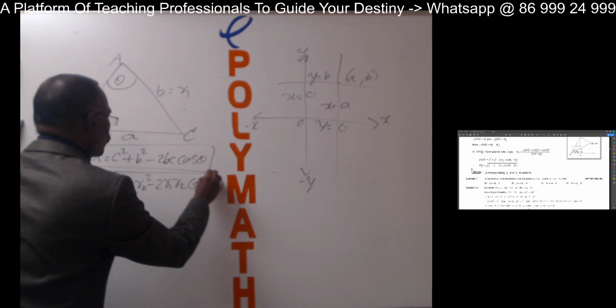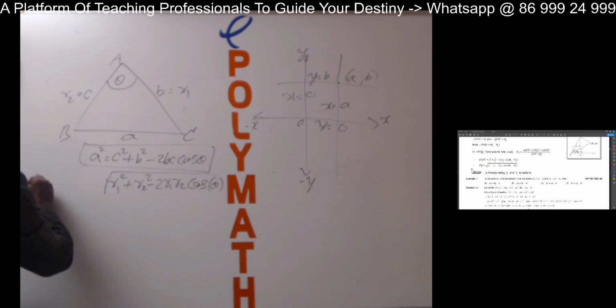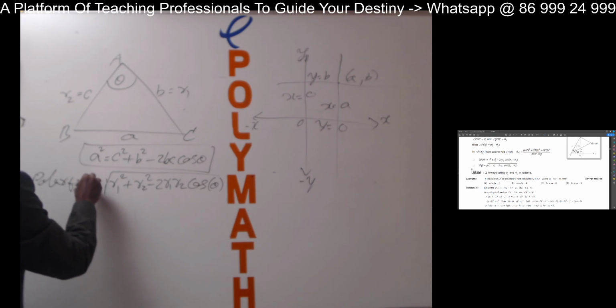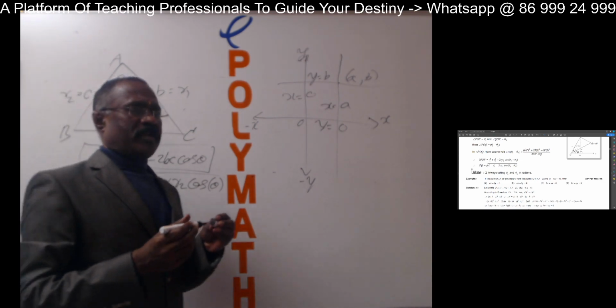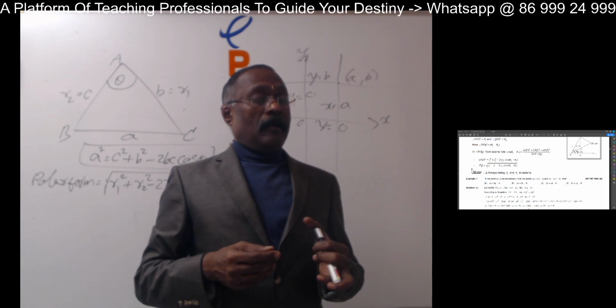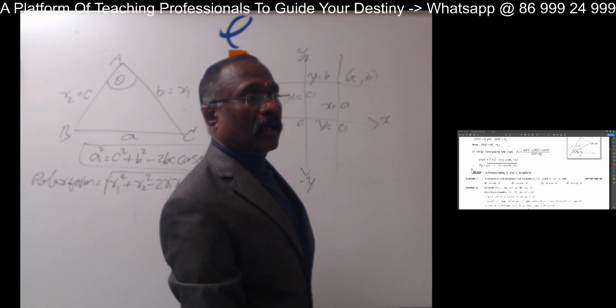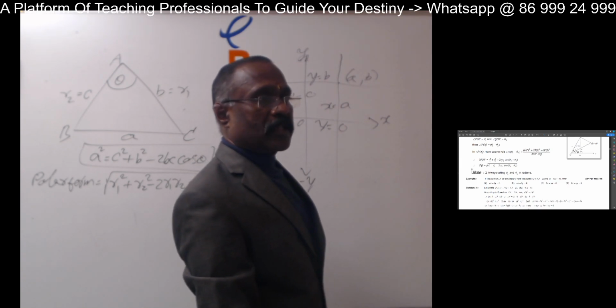If we take the square root of it, then this is the polar form. See, straight away this polar form is not there in mathematics, but you may get this in other subjects. That is why I explained it to you.